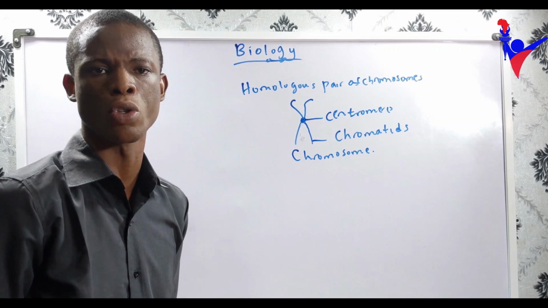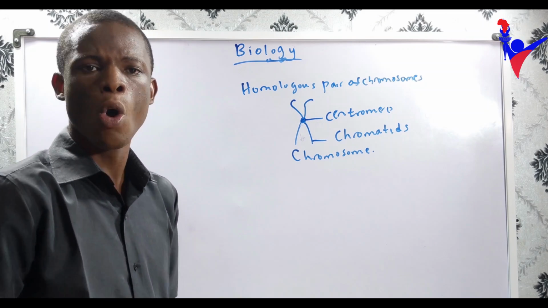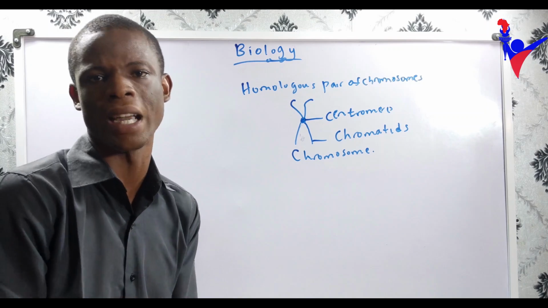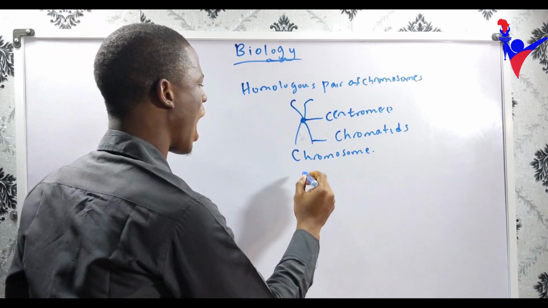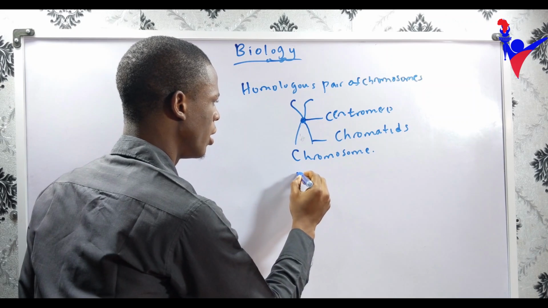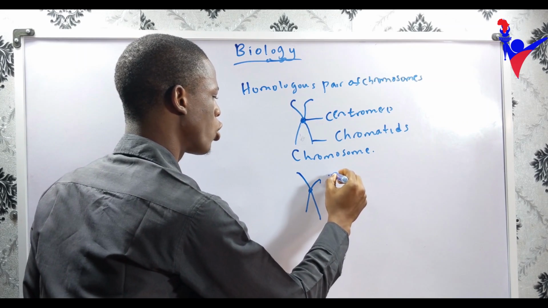But we have what we call homologous pairs of chromosome. What's the meaning of homologous or homolog? Homologs are the same pair. When you say homologs, it means something that is of the same kind. So we have a homologous pair of chromosome. That means we have the same pair of this chromosome.